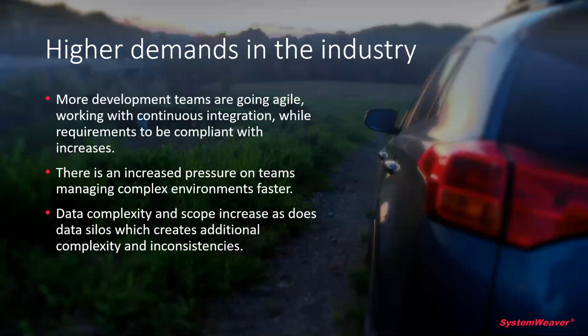And at the same time, we see that when the data is not managed in a good way and scattered between different tools or different files, this creates an even additional complexity because of not sufficiently good management of data, and it creates inconsistencies.